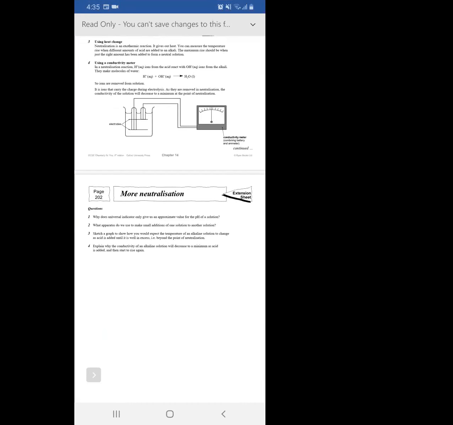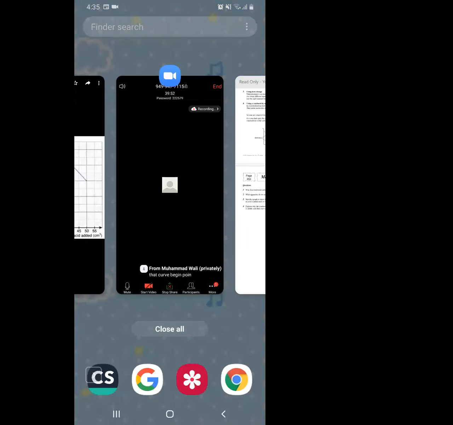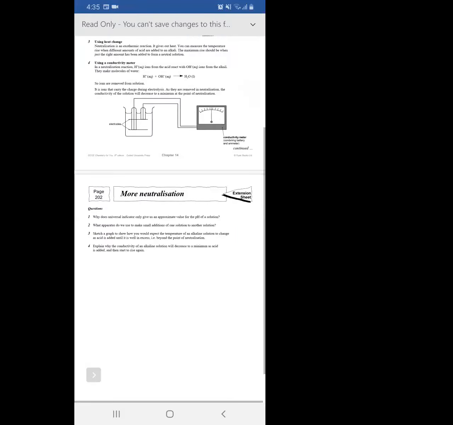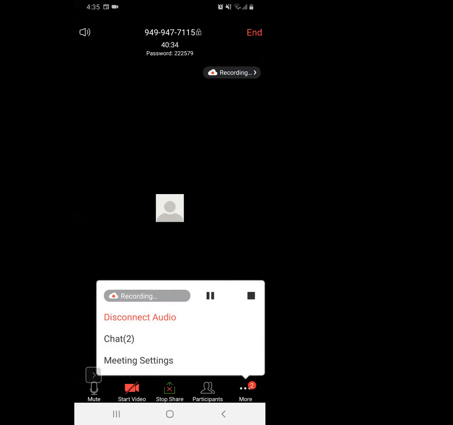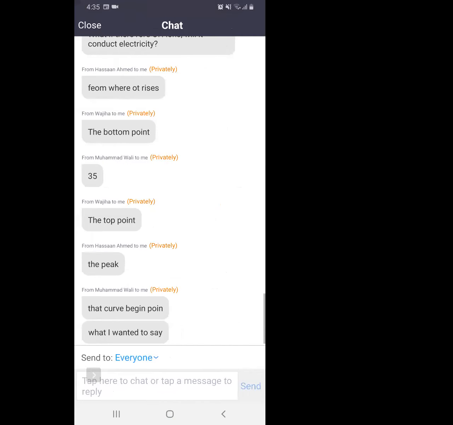Okay, now these questions. Question number 2. What apparatus do we use to make small additions of one solution to another solution? What apparatus do we use to gradually add one solution to another solution?